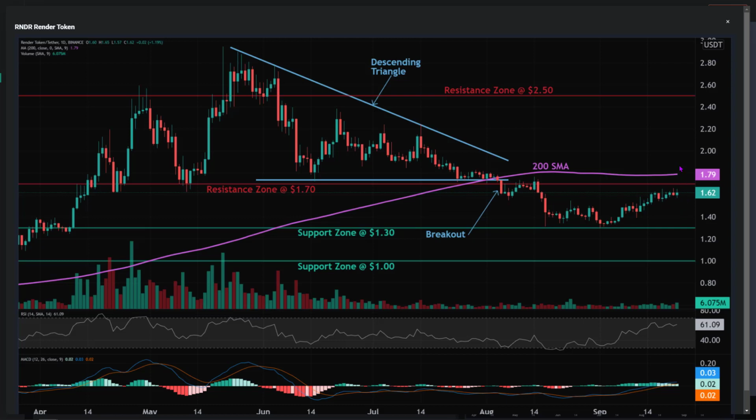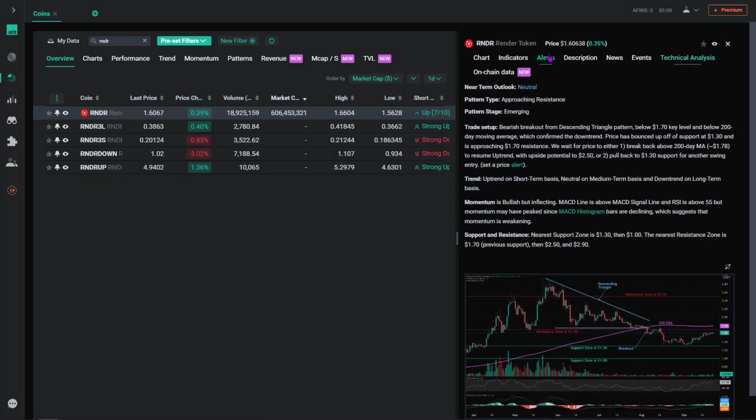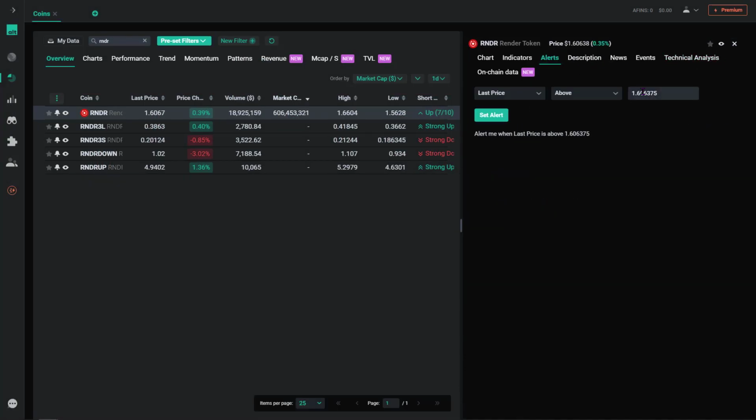But when it does break above these levels, that will be, to me, a signal that demand from buyers has absorbed all the supply from the sellers, and this price is likely to go higher and attack the next resistance zone of 250. So again, I'm going to create an alert for that particular level.